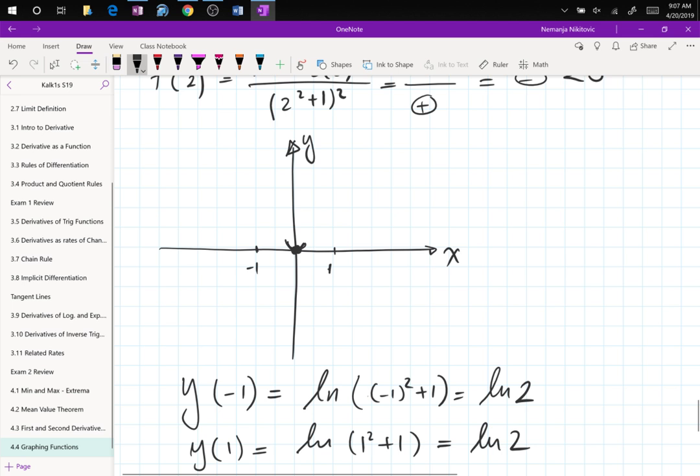No, it's actually less than 1, about 0.7 or something. Yeah, about 0.7. So these inflection points will be here and here. So this is 1, ln 2 and -1, ln 2.